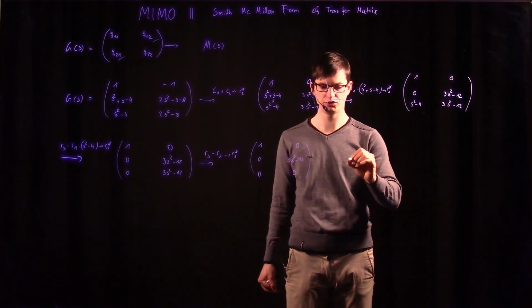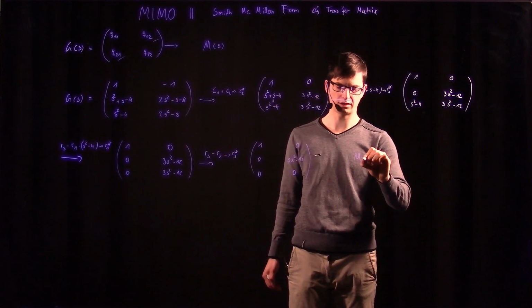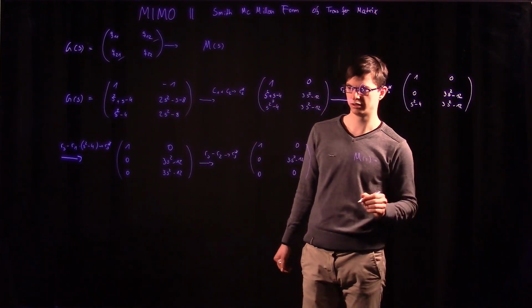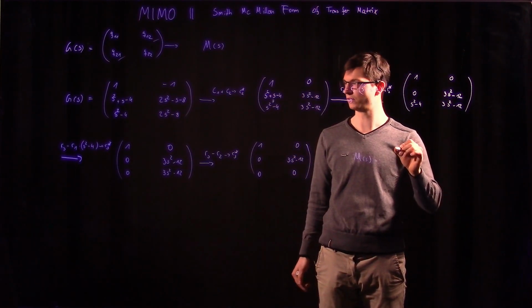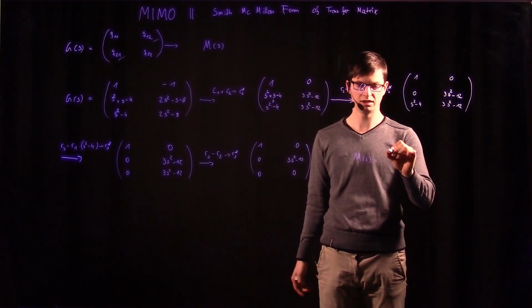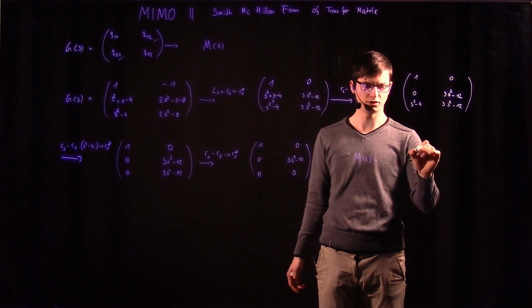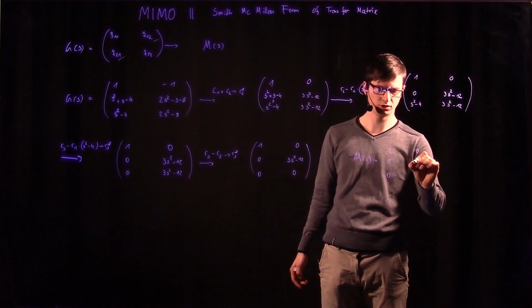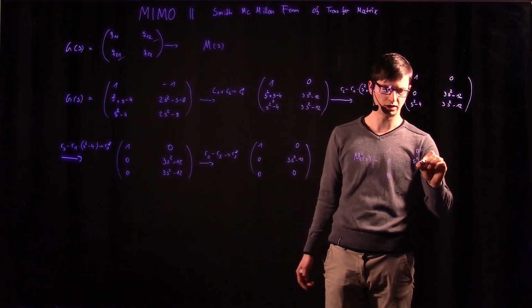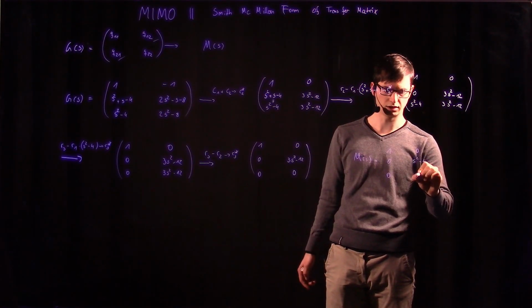And then we are finished, and we get M(s), which is the Smith-Macmillan form of this transfer function matrix, and this is 1, 0, 0, 0, s squared minus 4, and 0.